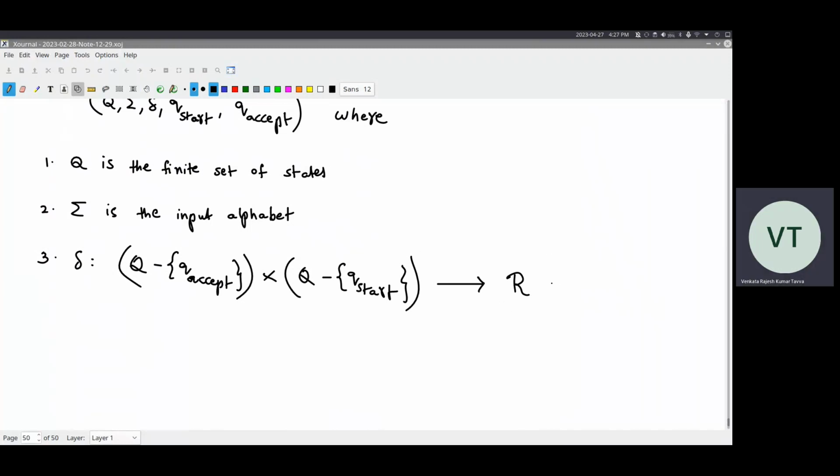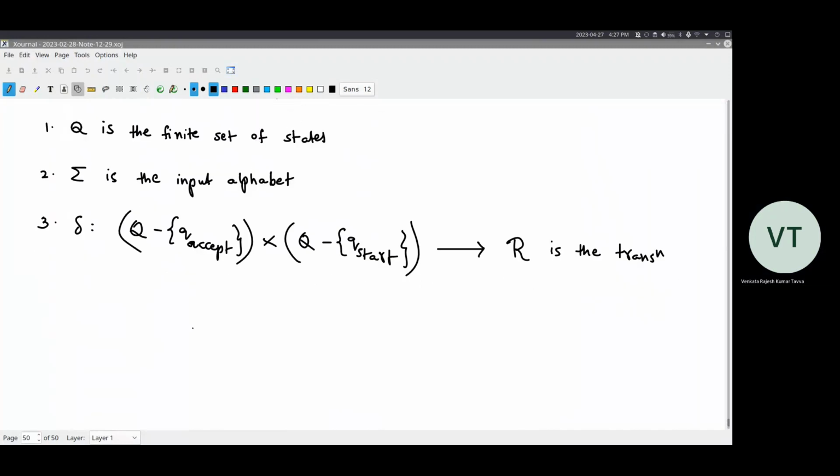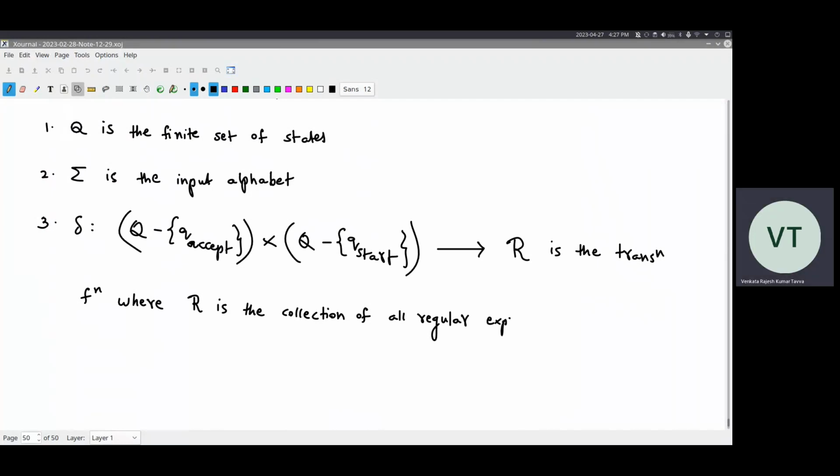So this is the transition function, where R is the collection of all regular expressions over the alphabet sigma.